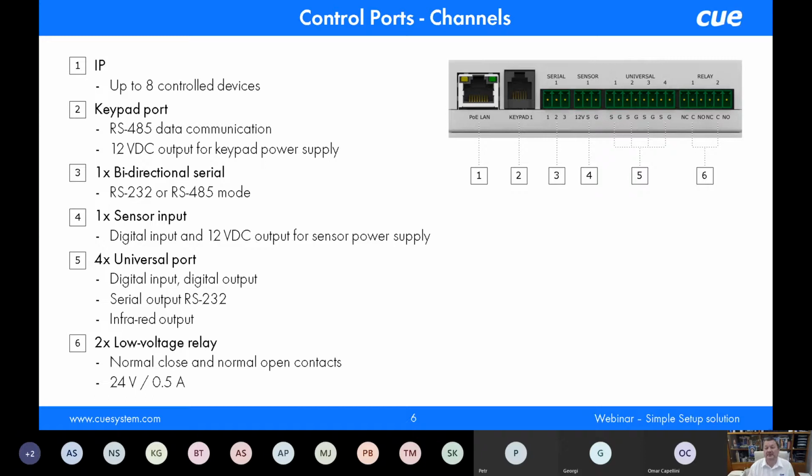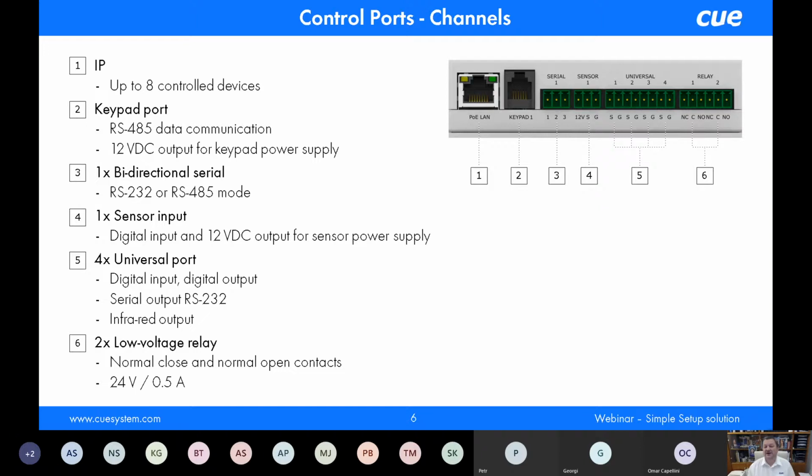There is a main port on the label called PoE LAN, which is the port for connection to your local network. This port is used for powering as well. This port is used for IP control, and by default can control up to 8 controlled IP devices.